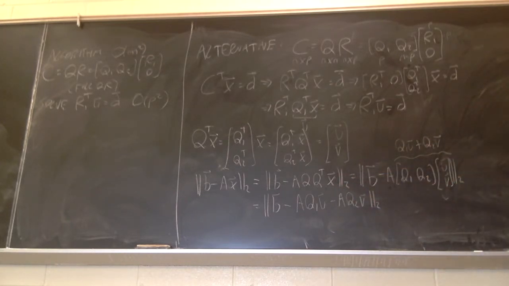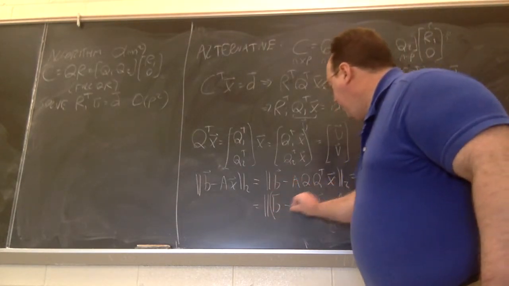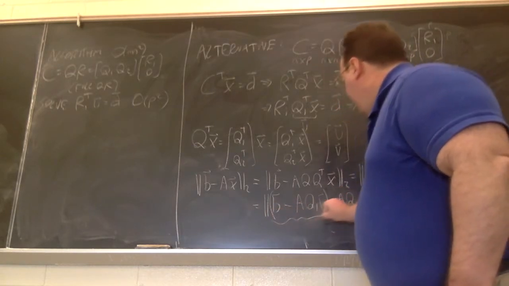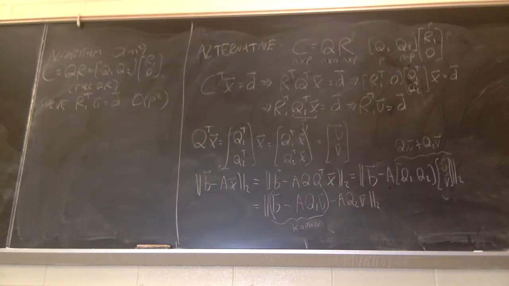Okay. Now, I have this already. I'm going to put this in parentheses because this part is known. I'm looking at the way I have the algorithm written in the book, and it introduces more symbols than I really need. Okay.